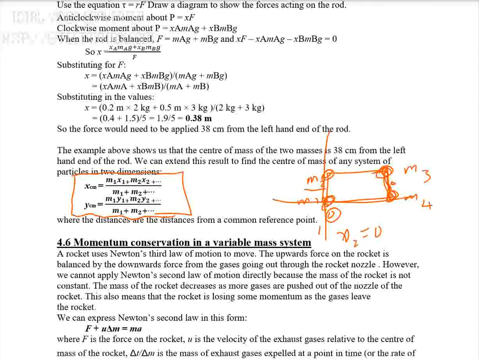Therefore, the x value is unchanged, so x2 is 0. x3 is from this up to this. Let us say this one is 5. Since we are taking the x value only at this point, the x value is 5. And x4 is also 5. And x1 is 0 because it's at the origin. By using this technique, you can determine the x center of mass and y center of mass of an object, and finally, when you express the answer, the center of mass of a body is equal to x center of mass, comma, y center of mass.